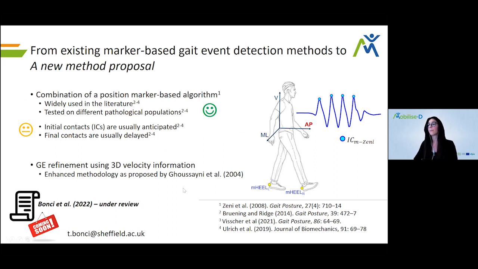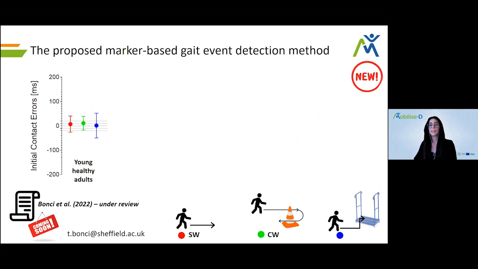We have submitted the paper, which is currently under review. So I'm just going to, let's say, quickly spoil a little bit of the results. In this slide, you can see the mean and standard deviation of the error that we get over 1,000 gait events for young healthy adults in 3 walking conditions.